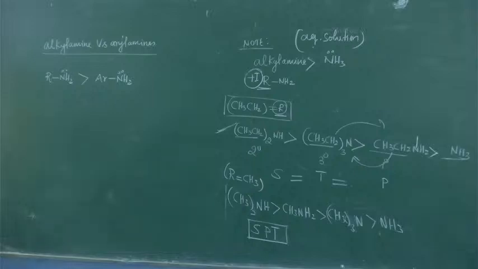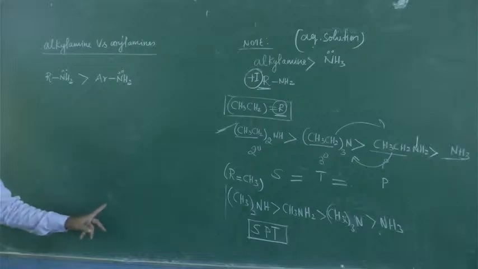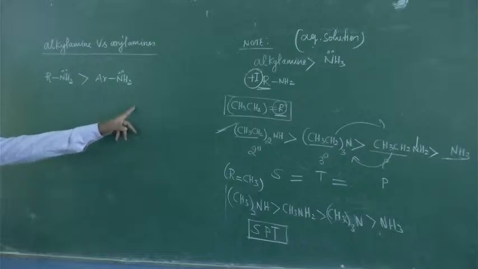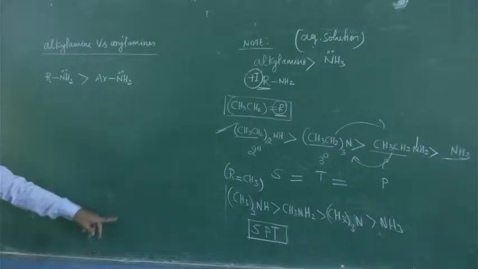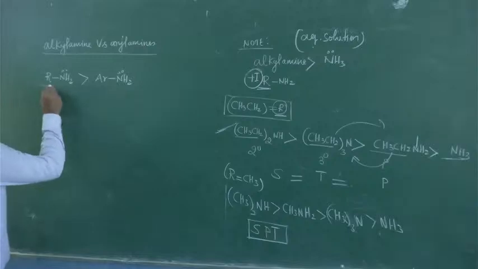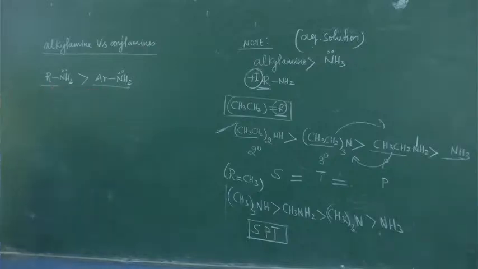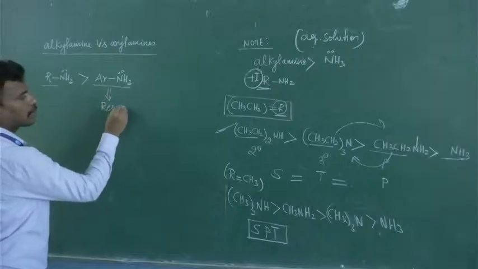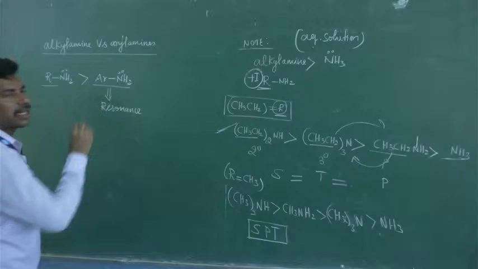Is it clear? நான் என்ன சொல்றேன், basicity is directly proportional to localized lone pair whereas basicity is inversely proportional to delocalized lone pair. இப்போ இங்க நம்ம lone pair இங்க delocalize ஆகும், இங்க lone pair localized ஆகும். Localized ஆனா ஈஸியா H+ எடுக்கும், delocalized ஆனா H+ எடுக்கிறது கம்மியாகும். Is it clear? அப்போ for example alkyl amines versus aryl amines கேட்டா aryl amine is going to be least basic because of resonance.